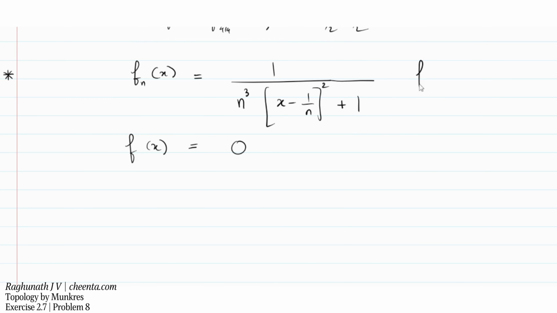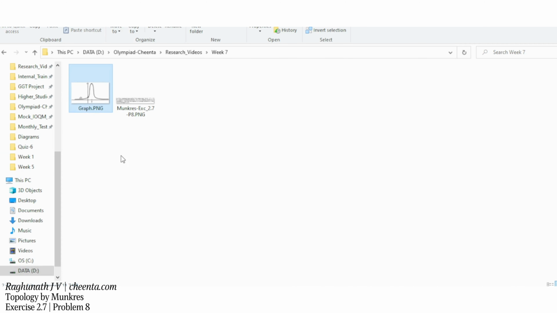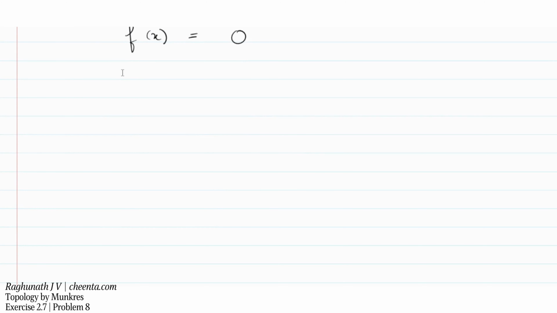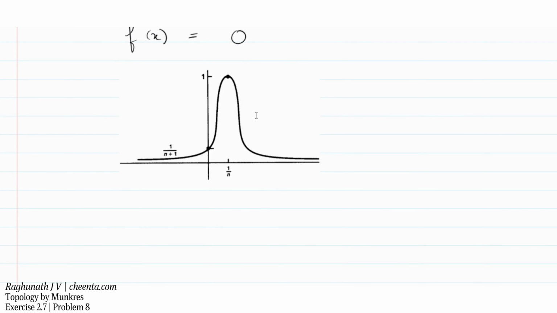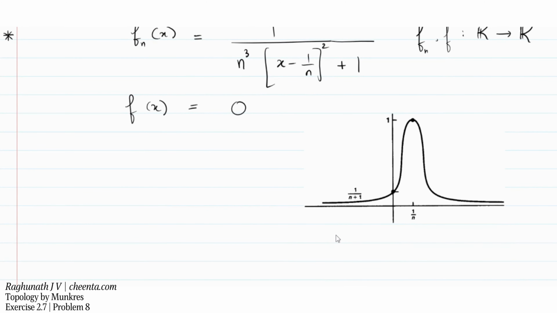But here remember that fn and f both are functions from R to R. This function looks like the following. So here I have plotted the fn function. This plot is also available in the Munkres. So here it is showing the fn of x as the y value and x as the x value.